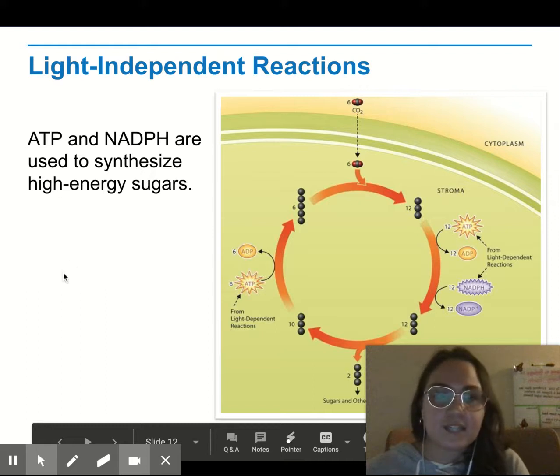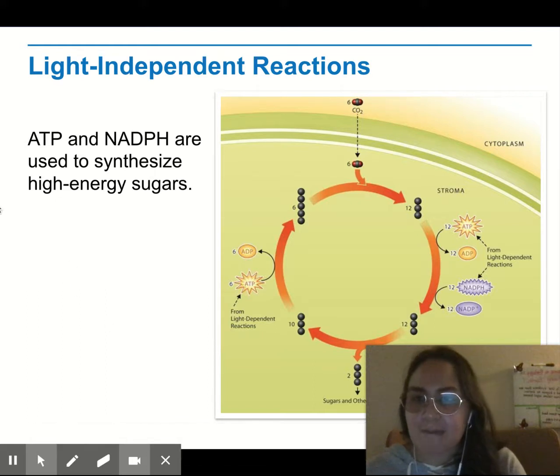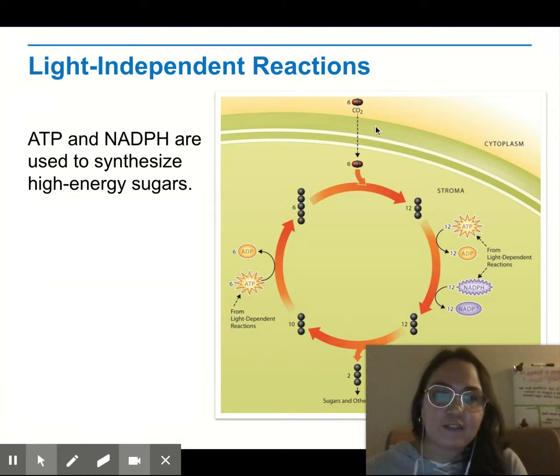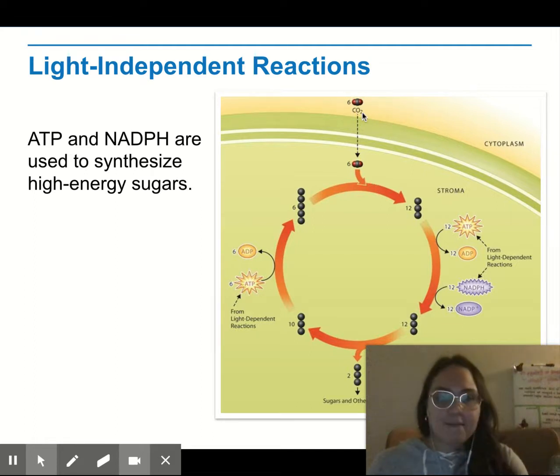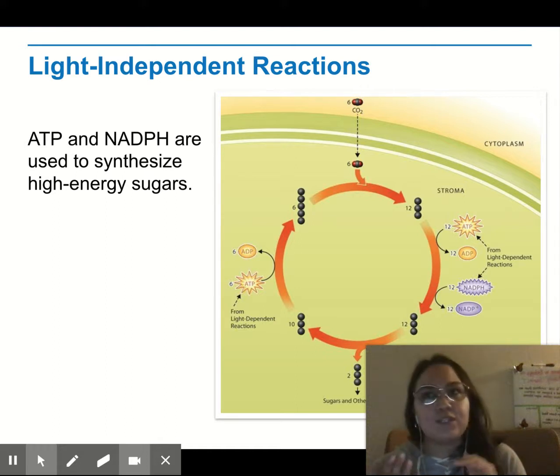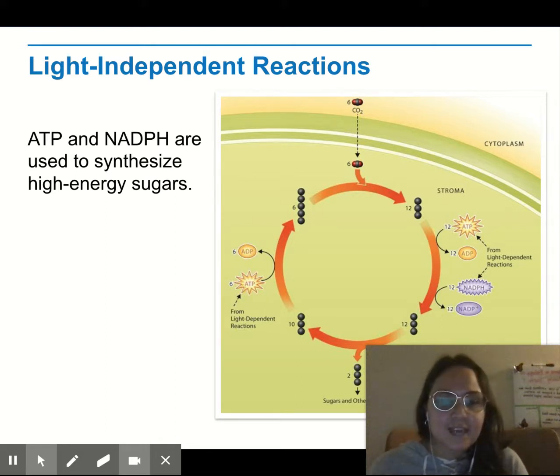And on this slide, I want you to notice what's going to happen here. So starting off at the very top, carbon dioxide from the atmosphere enters into the plant, and it goes into the leaves, into the plant cells inside of the leaves. And then once it's inside of the cells, it goes into the chloroplast. And so now here we are.